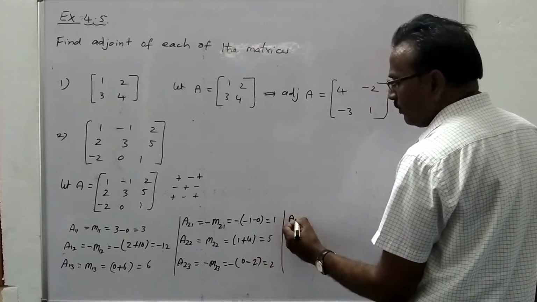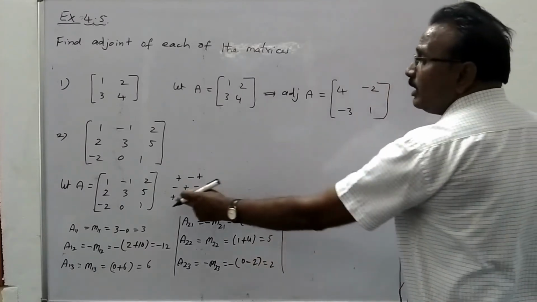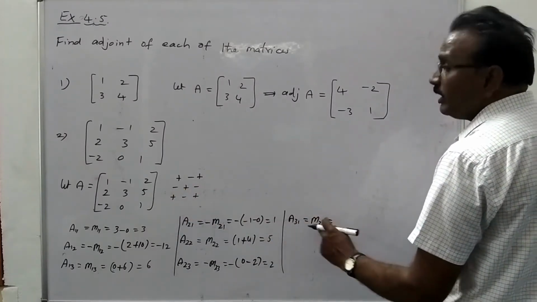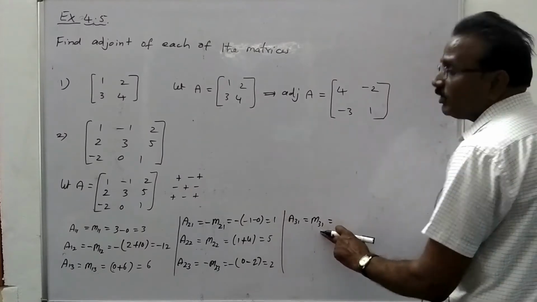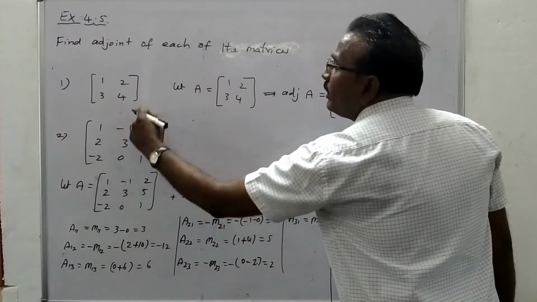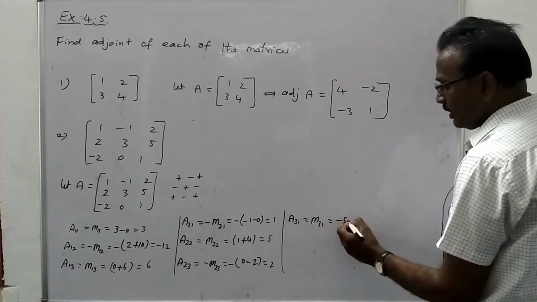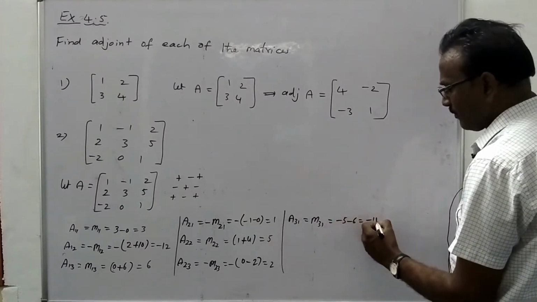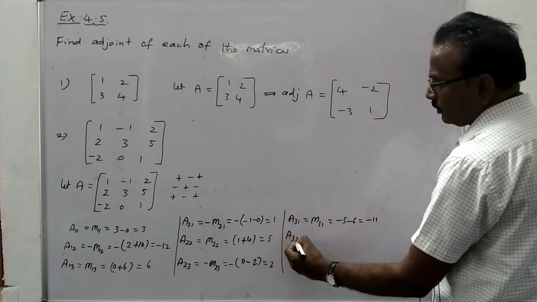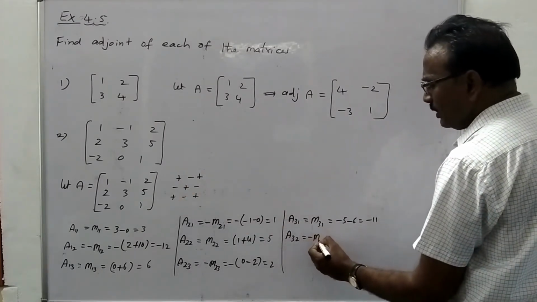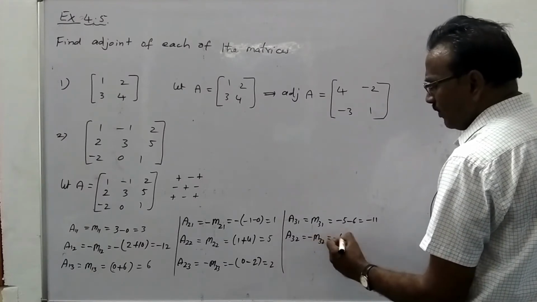Next, A31: the sign is plus, capital M31. Delete the third row and first column, determinant of four elements, minus 5 minus 6, that is minus 11. Next, A32: the sign is minus, minus of M32.